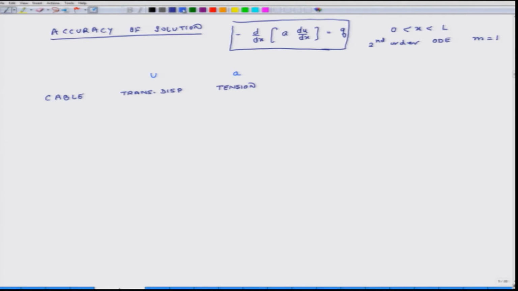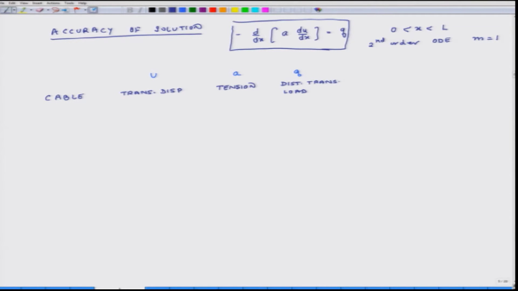And Q represents distributed transverse load.